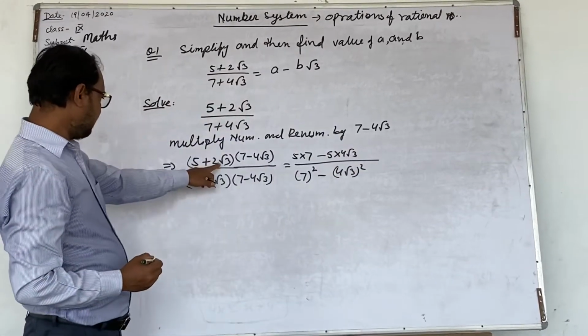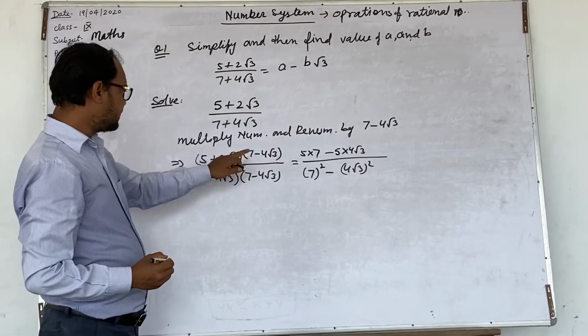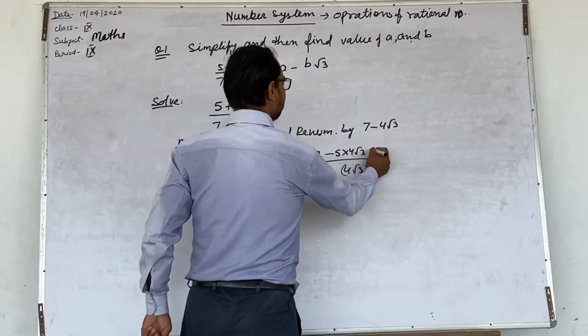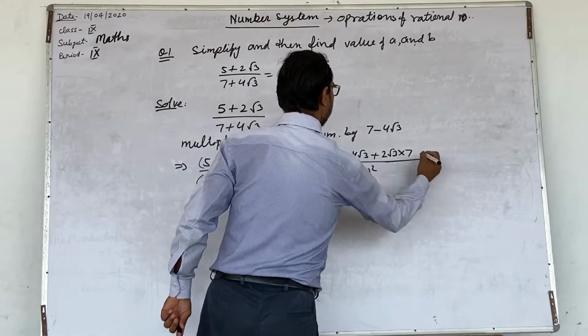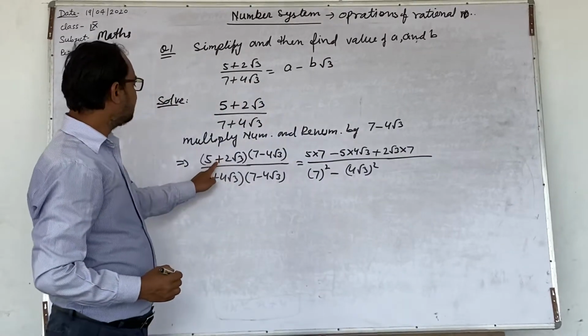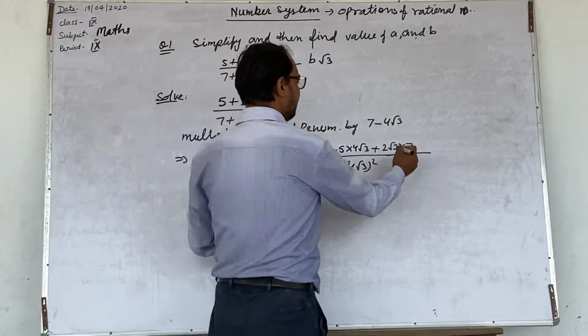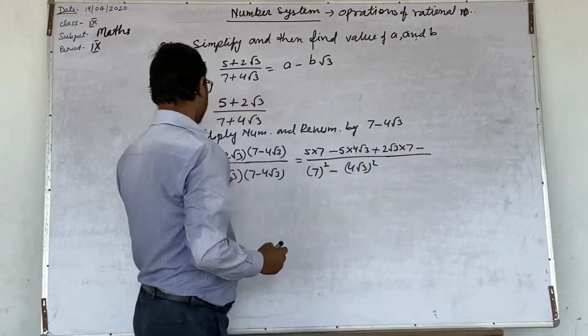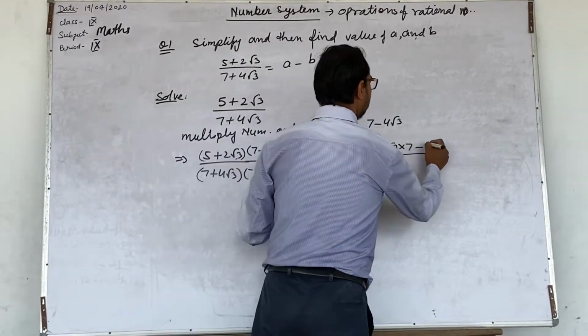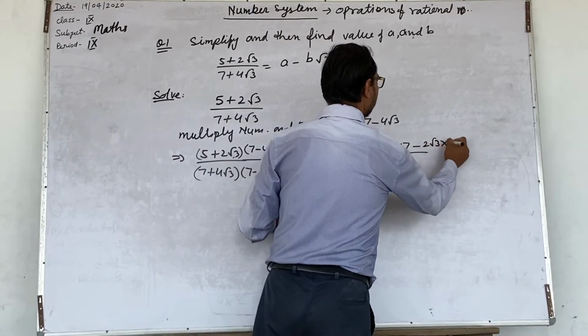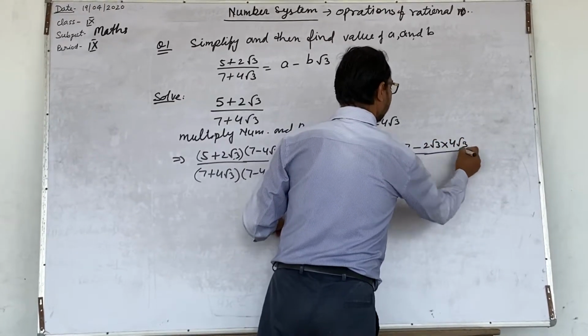Now take this term: plus 2 root 3 into 7, which gives plus 2 root 3 into 7. Again plus into minus gives minus 2 root 3 into 4 root 3.